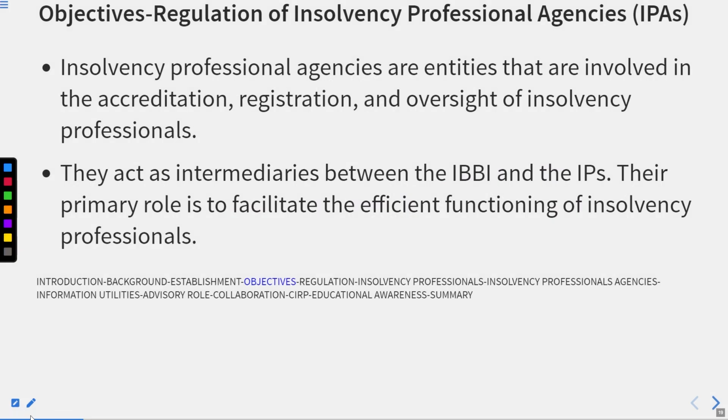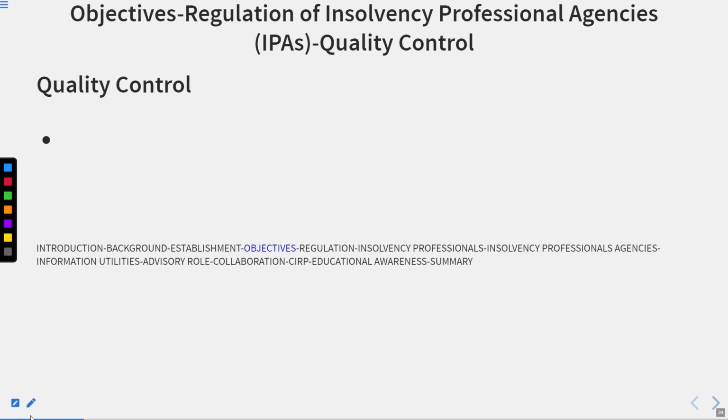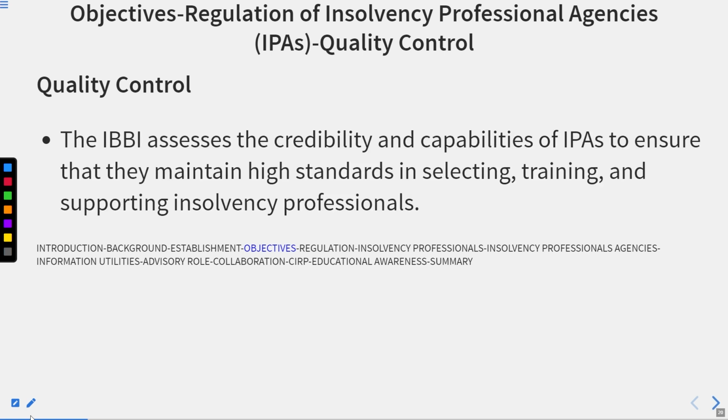So as we have discussed, they act as intermediaries between the IBBI and the IPs. Their primary role is to facilitate the efficient functioning of the insolvency professionals. So the first step in it is quality control. The IBBI assesses the credibility and the capabilities of IPAs to ensure that they maintain high standards in selecting, training, and supporting insolvency professionals.